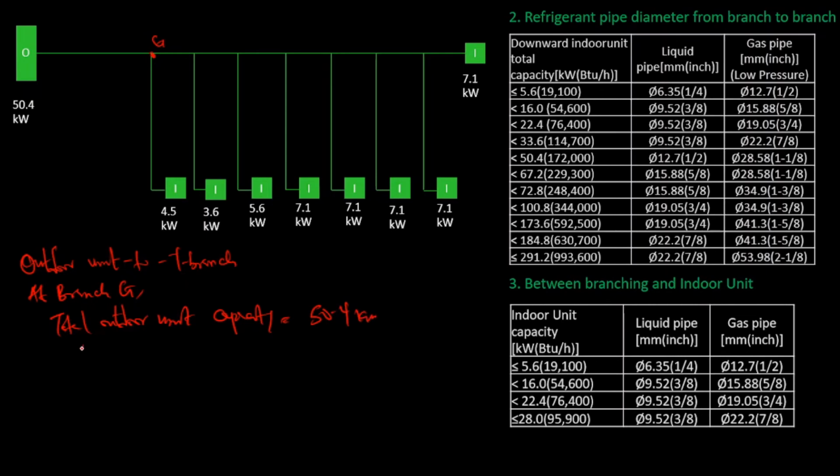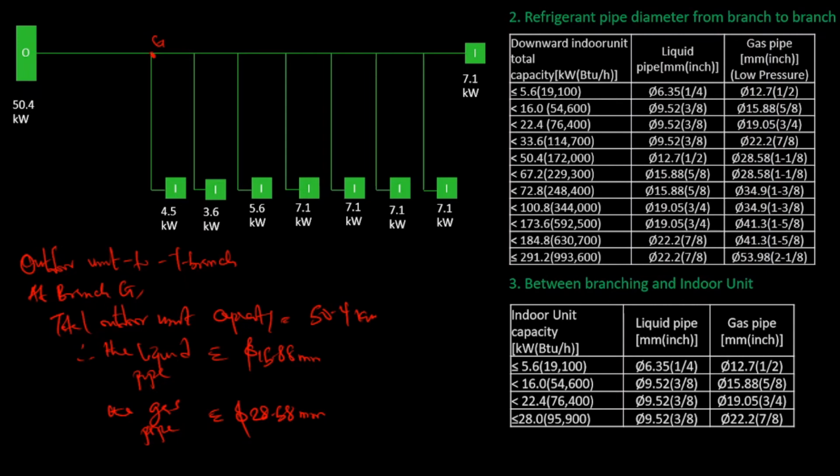Therefore, the liquid pipe, let's just write it in full, the liquid pipe is 15.88 millimeters, while for the gas pipe it is 28.58 millimeters. I'm going to show you where I got these values from.